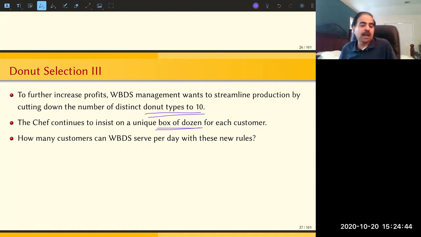So you can think about how to do this, and if you think about it, you'll realize that it's not obvious how to do this counting, right? Because you can say, how many donut types am I going to have?